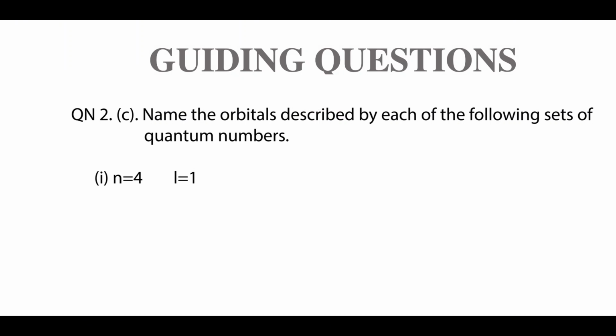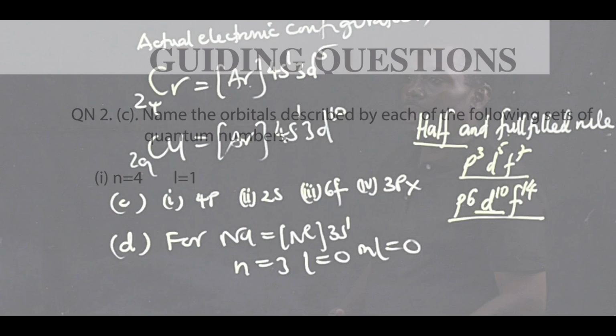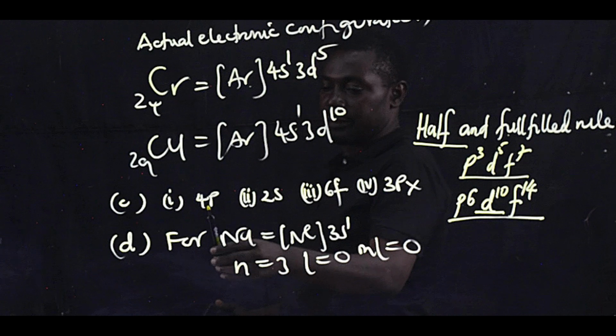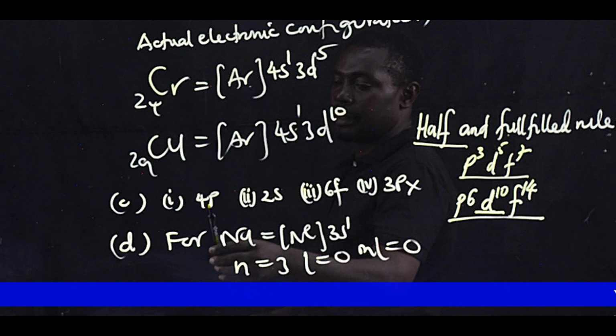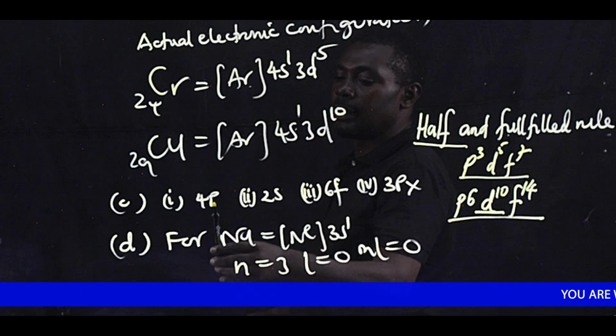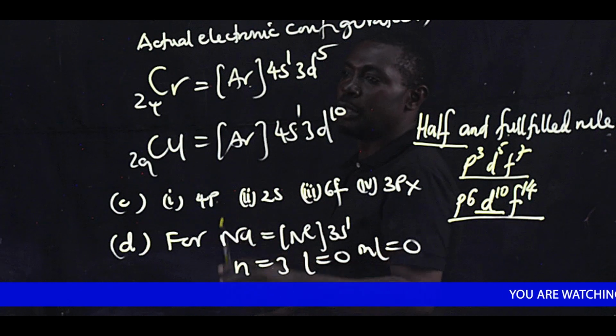Question number 2C. Name the orbitals described by each of the following sets of quantum numbers. Roman 1. n is equal to 4, l is equal to 1. n is equal to 4 specifies shell number 4 or energy level number 4, and l is equal to 1 specifies the p orbital.